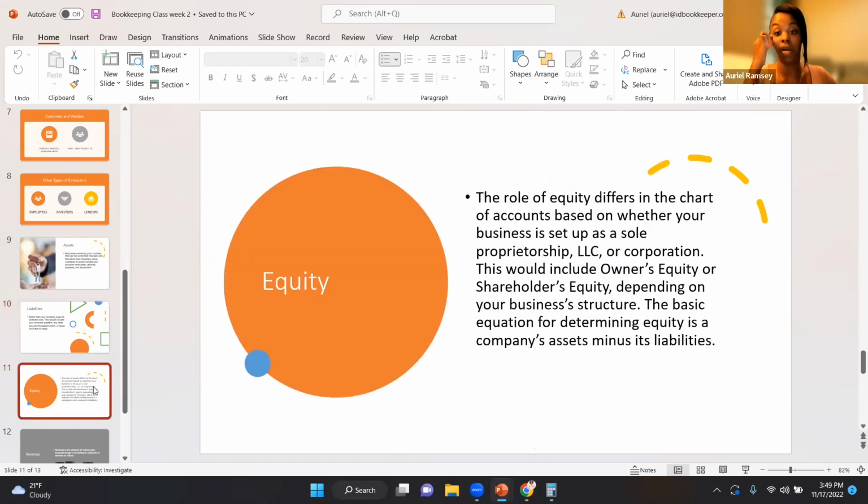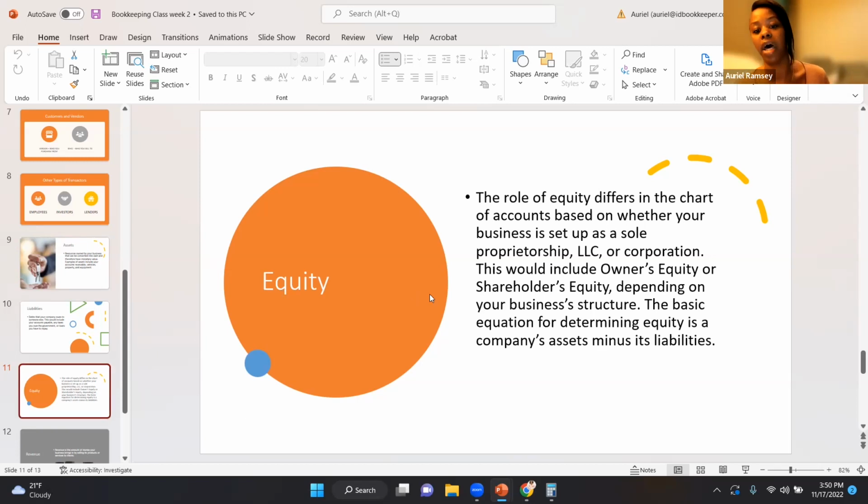Equity, we talked about this a little bit, but I like this definition because depending on how your business is set up, your equity might look different, right? If I'm an independent business owner, I don't work with anybody else, it's just me and I'm braiding hair for a living, my equity is only going to be within myself, right?